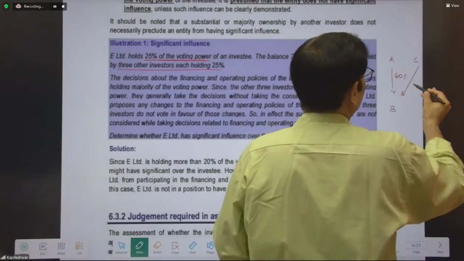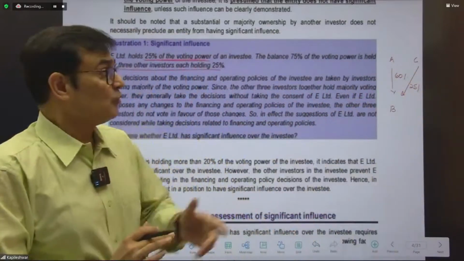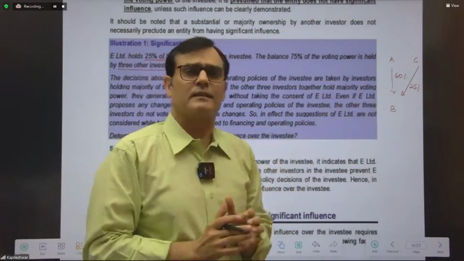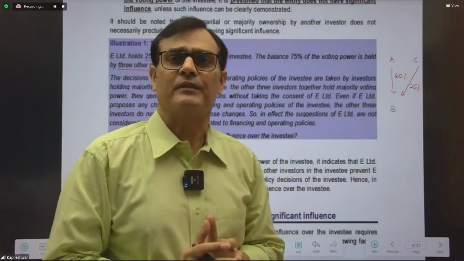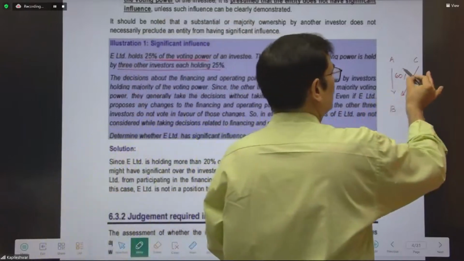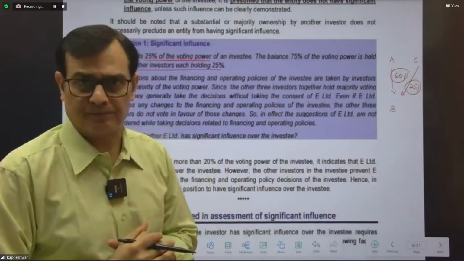Company C also has a 25% stake in B. The fact that A controls B doesn't mean that C cannot exercise a significant influence over B. One investor has control, another investor can have significant influence.